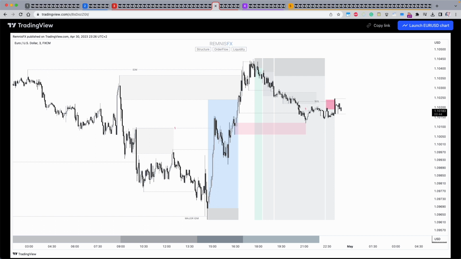Because this here, I do not consider a mitigation. Technically, it is a mitigation, quote unquote, but to me, this wick through or in, but close outside, is basically a retest. This here is now an actual mitigation, right? And that's basically the SOL strategy in short, right?